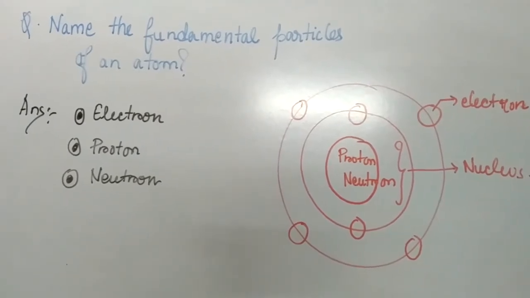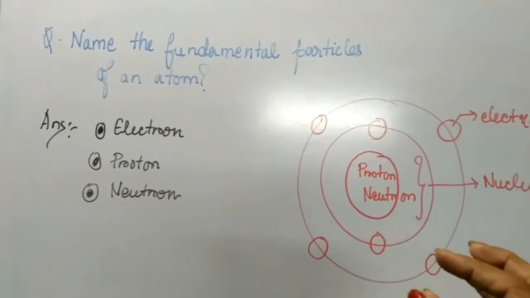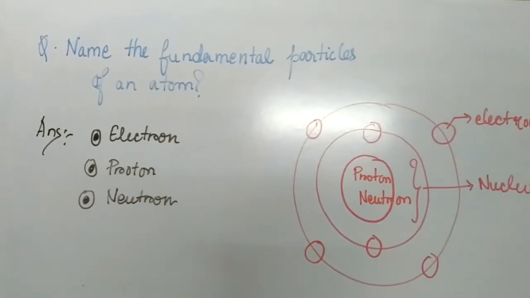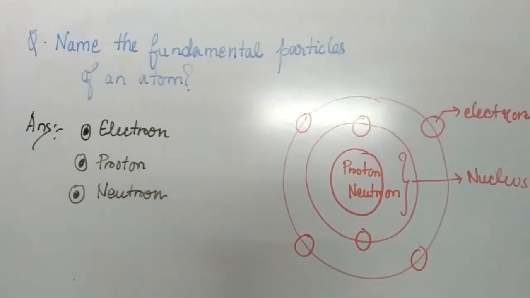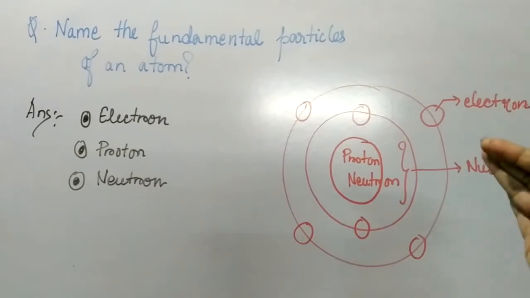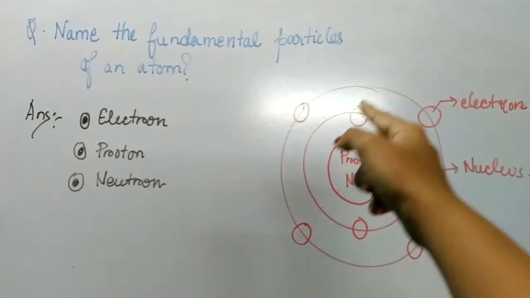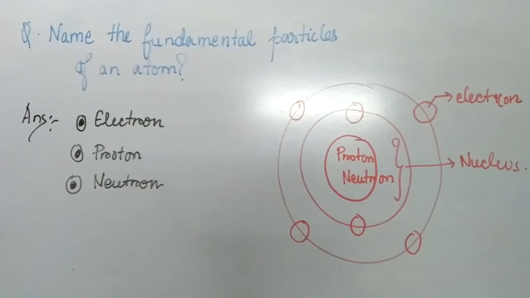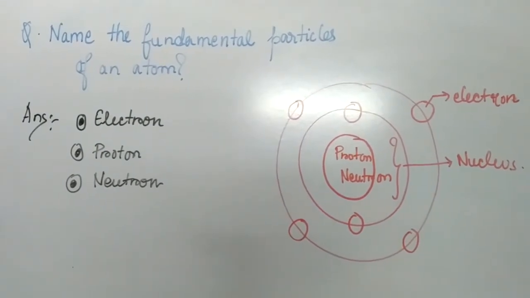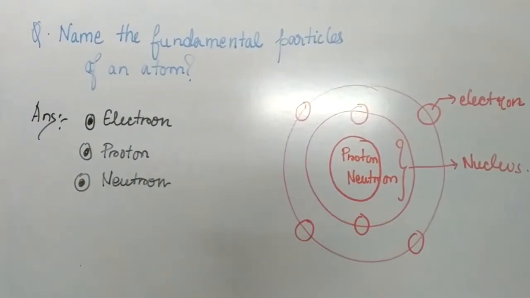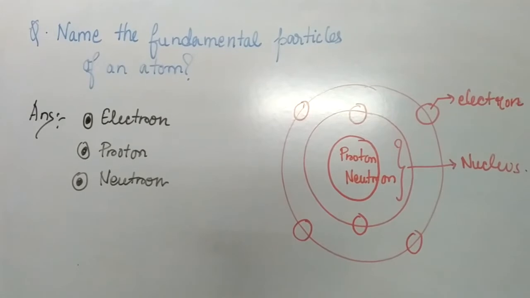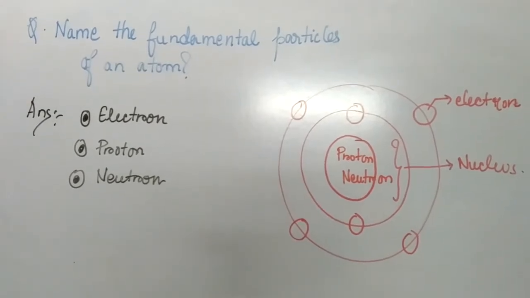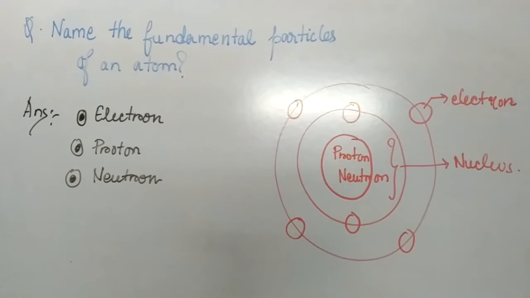So we can understand the entire mass of an atom lies in the center. And atom is electrically neutral, students, because the negative charge which lies outside the nucleus balances the positive charge of proton inside. Okay, so the fundamental particles of atom are electron, proton, neutron, and also atom is electrically neutral.